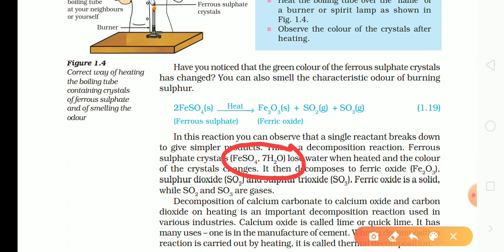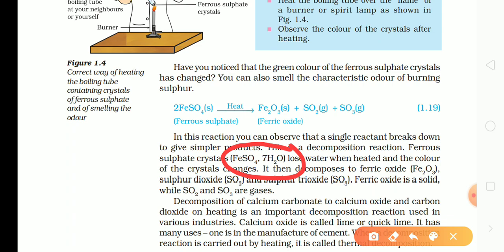So for FeSO4 to become a greenish crystalline solid, it requires 7 water molecules, so it is termed FeSO4.7H2O. When it is heated, first of all, a lot of water vapor comes out. Then only you can see the color change.